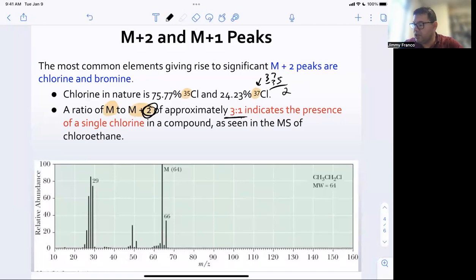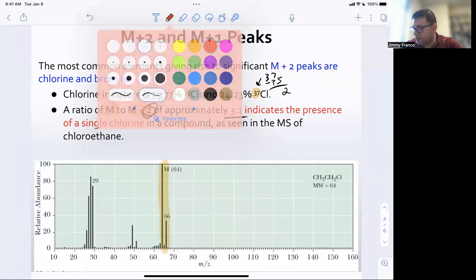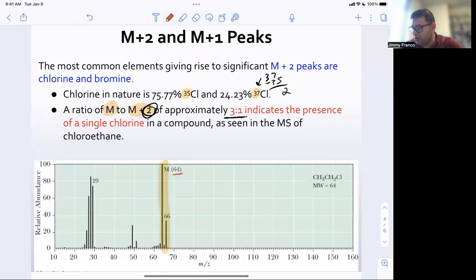If we come over here, the peaks we're talking about are these 2 right here. You see the 2 mass units that we're talking about? This one's 64, this one's 66. Even though the mass is 64, this one comes from the 37 isotope of chlorine.